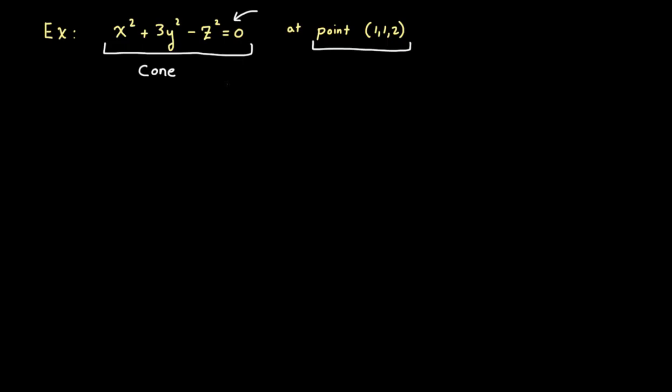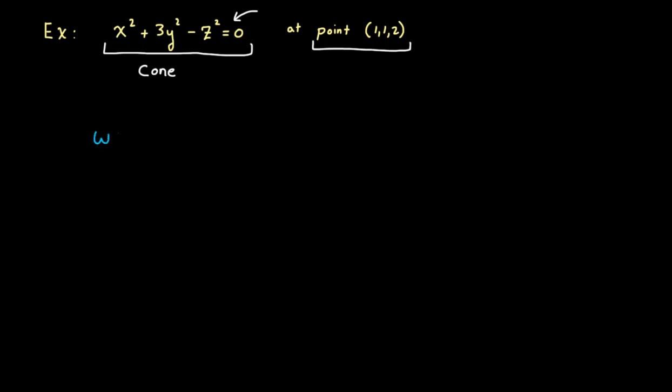Now, what we're going to do, in order to find an equation of a tangent to this surface, is we're going to need a normal to this surface. So we're going to pretend that this cone was just one of many level surfaces to some greater function w.